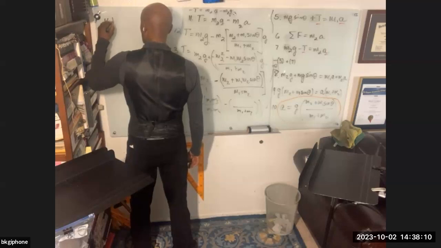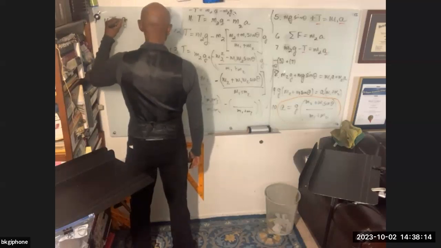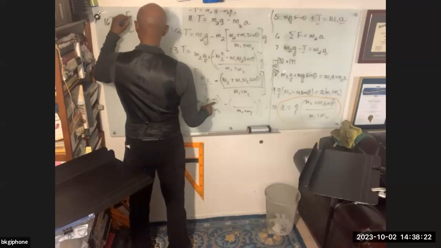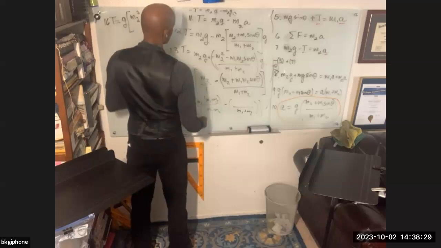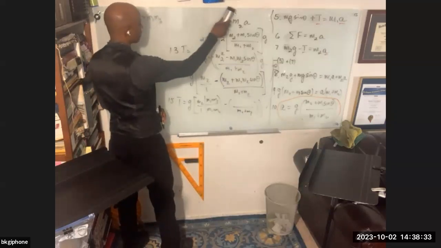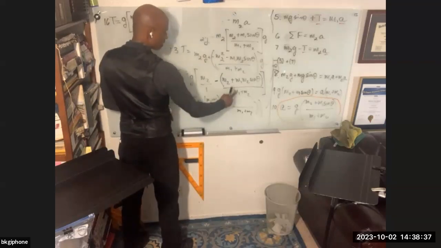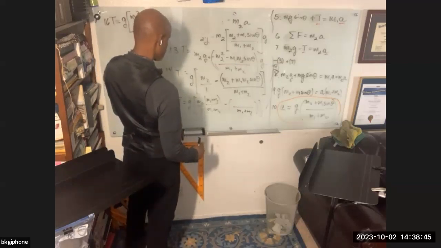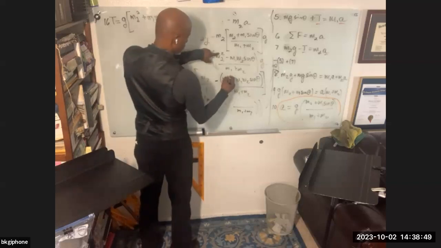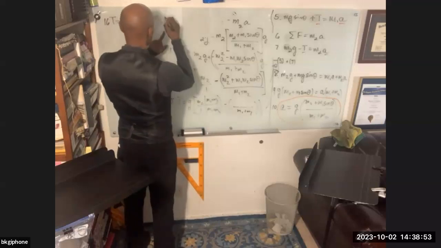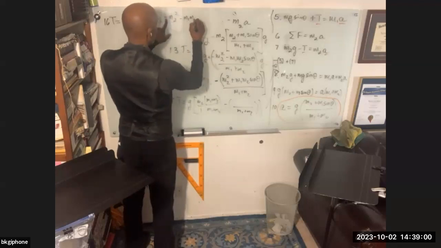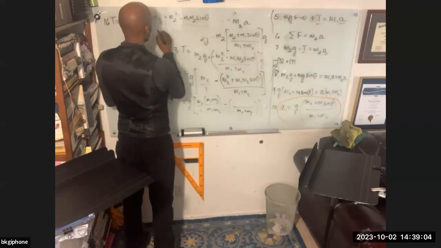That was the last equation I had before, or the one before the last. So T equals G times m2 times m2 is m2 squared, then plus m1 m2, and then minus m... oh, I dropped the square term here, so then minus m2 squared, and then minus plus is minus m1 m2 sine theta all over m1 plus m2.